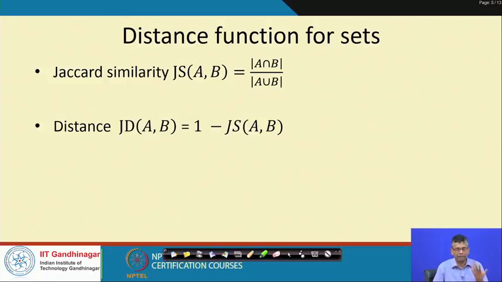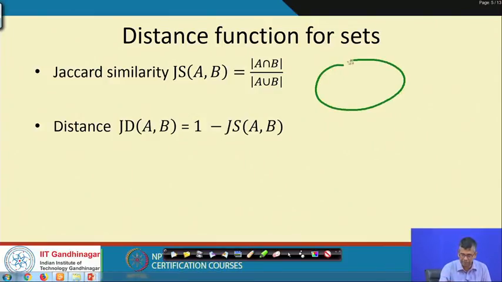Okay. So, now we have represented the document as a set. So, what do we do? Here is a natural similarity function over sets. It is called Jaccard similarity. You must have heard about this. What is this?